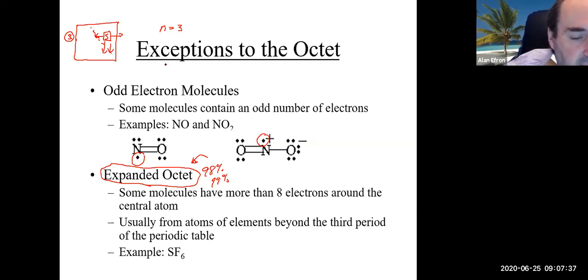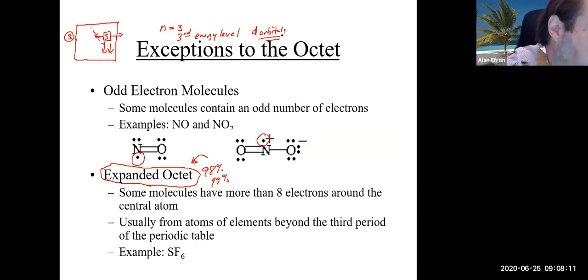If you remember, N equals 3 is the third energy level, and on the third energy level is where we first start to see d orbitals appear. Remember, on the third energy level, you have s orbitals, p orbitals, and d orbitals. That's the first energy level where d orbitals start to appear.